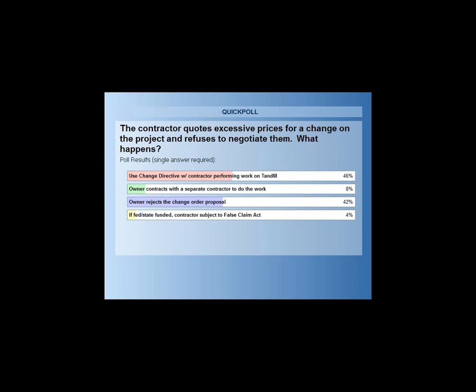North Carolina 2 years ago, 2010, enacted a statute that's very similar to that federal statute.